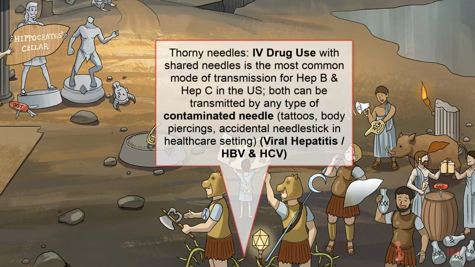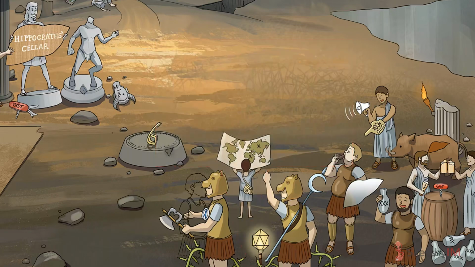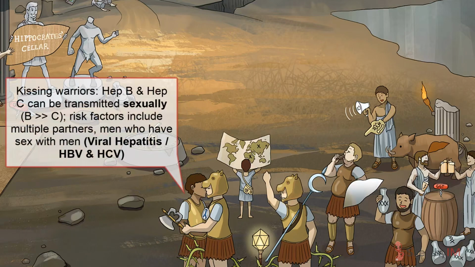That said, any sort of contaminated needle can transmit these viruses, so ask about a history of tattoos or body piercings, and be on the lookout for healthcare workers with an accidental needle stick. Both viruses can also be transmitted sexually, although this type of spread is more common for Hep B. Patients at increased risk include those with multiple partners and men who have sex with men.